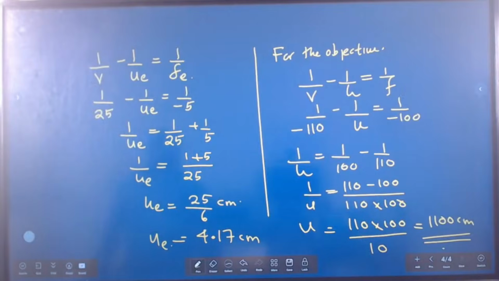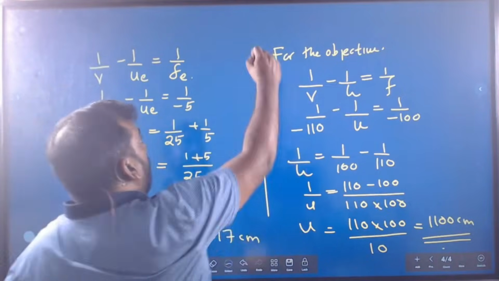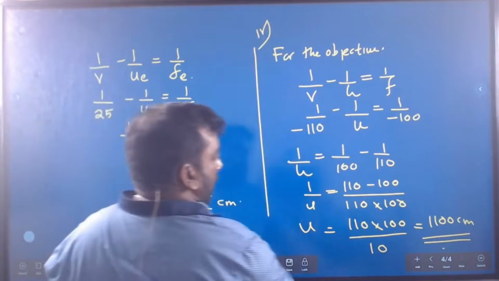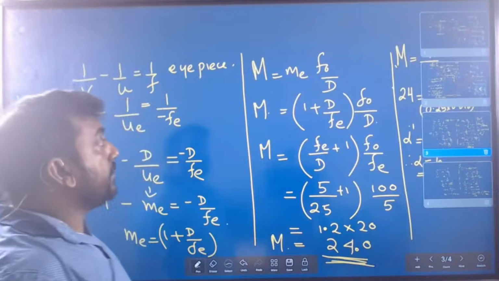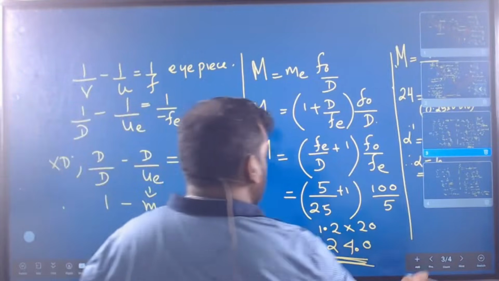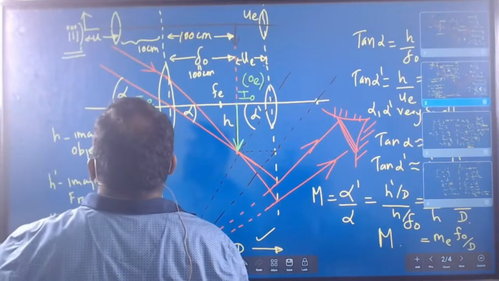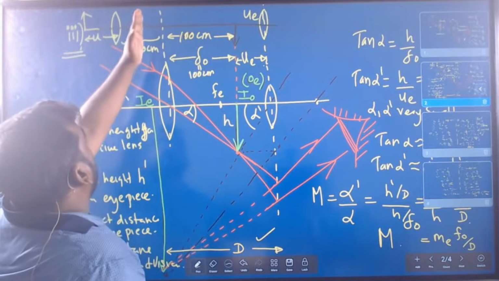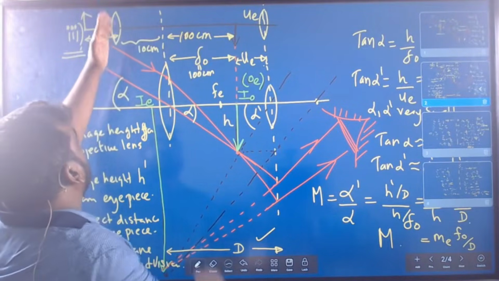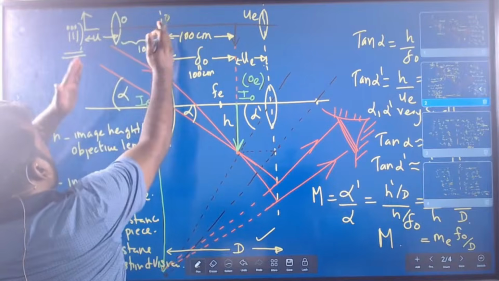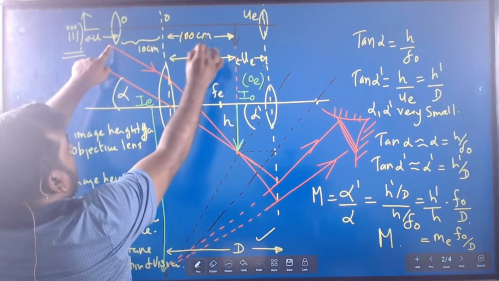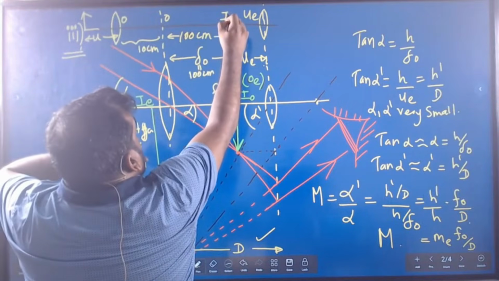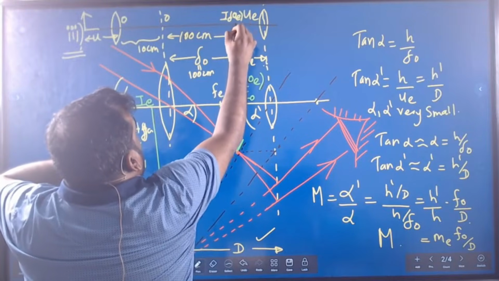Yeah. So remember this, the Roman number 4. I have shown the diagram here. To see close objects, the objective lens is moved closer. Now the image from the objective is the object for the eyepiece.